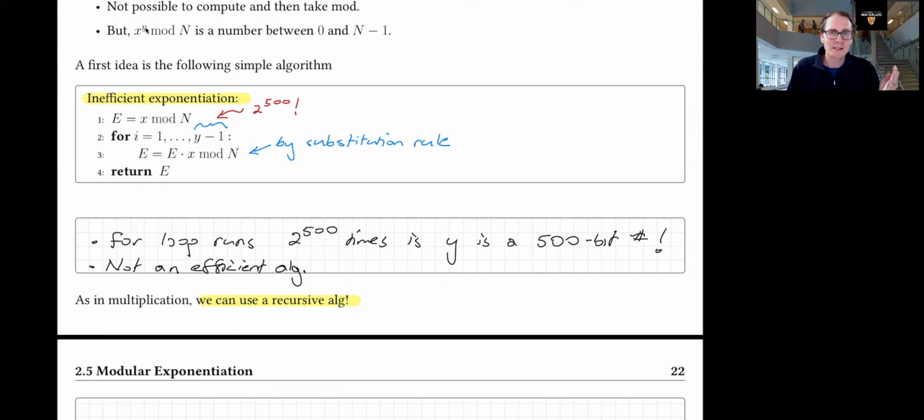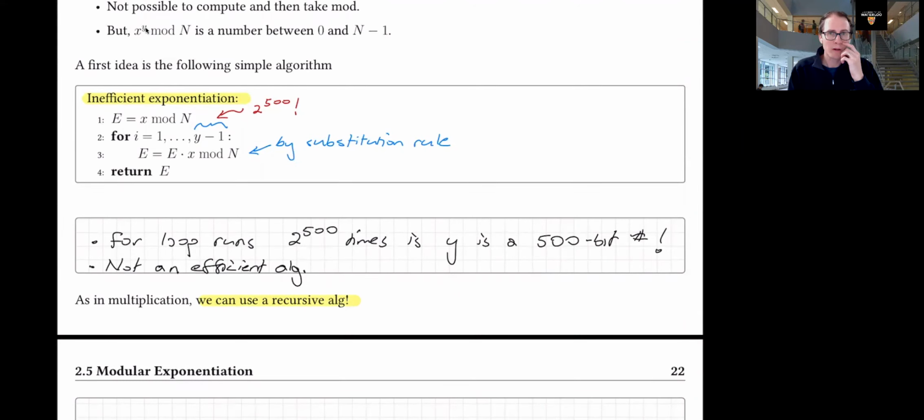Then one way we could do this is by repeatedly squaring and taking the mod. So we could compute x squared, take mod n, then square it again, take mod n, square it again, take mod n, and so on. And for any y that's a power of 2, this would work perfectly, right?